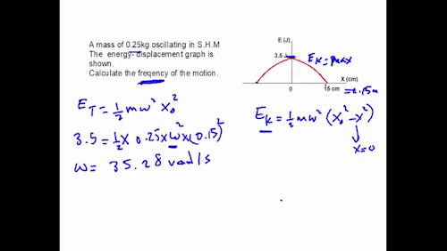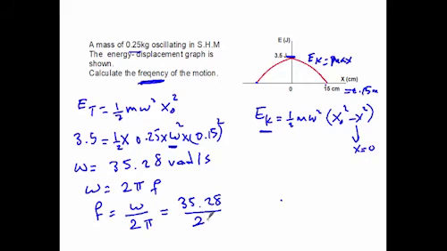From here, you can find the value of the frequency by applying omega equal to 2 pi f. F will be omega over 2 pi, so you will divide 35.28 over 2 pi.